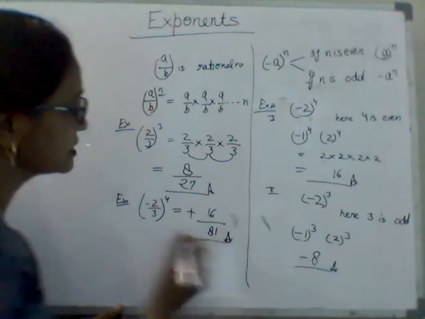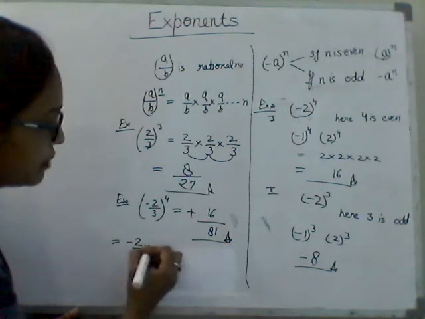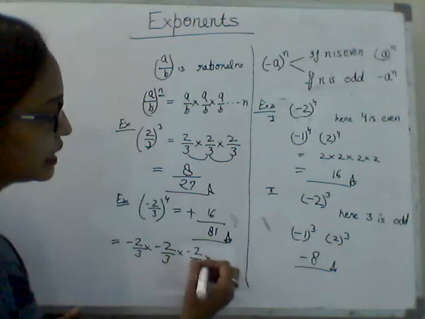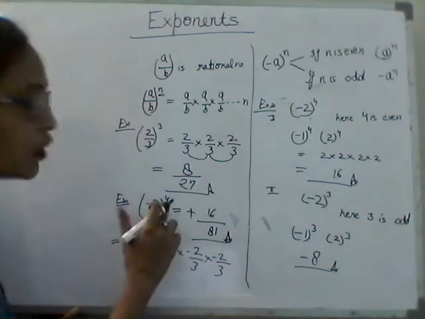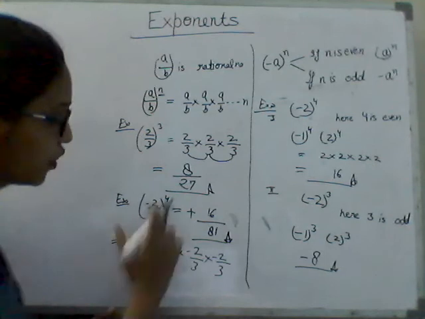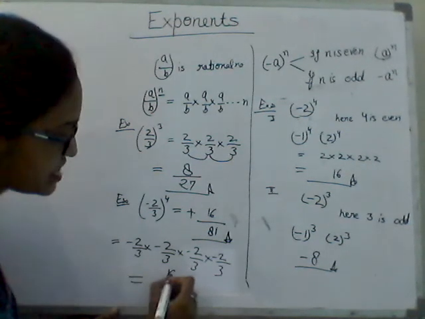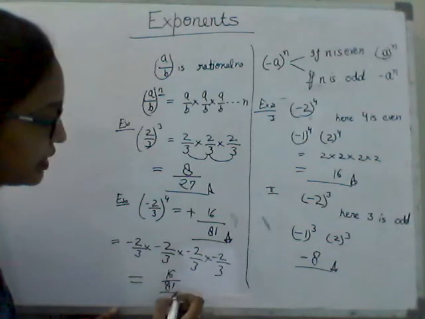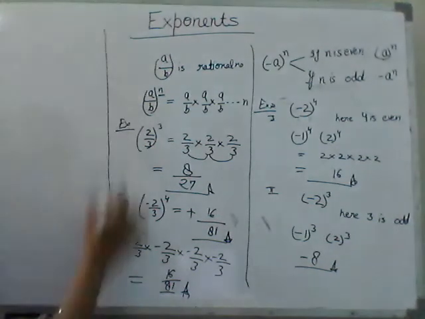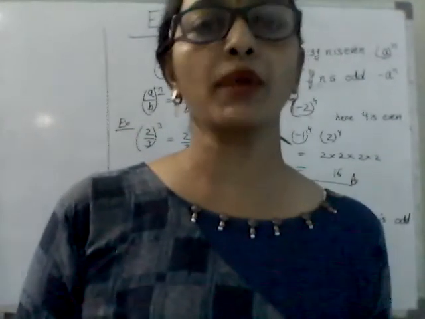We get the direct answer. Otherwise, expand it: -2 upon 3 multiplied by -2 upon 3 multiplied by -2 upon 3 multiplied by -2 upon 3, 4 times, because the value of n is 4. Now when we multiply 4 times, we get the answer 16 upon 81.